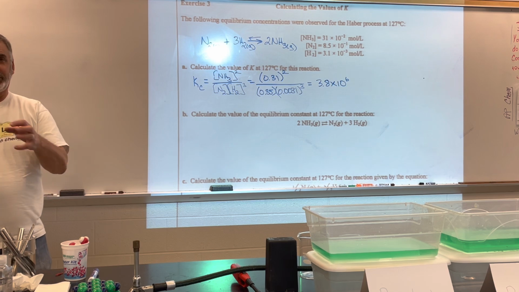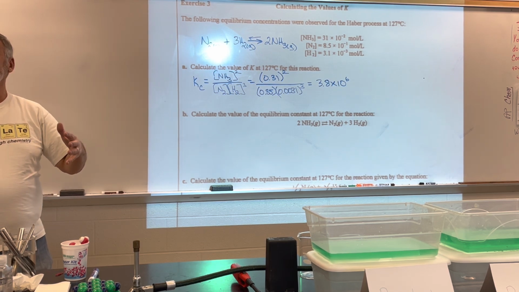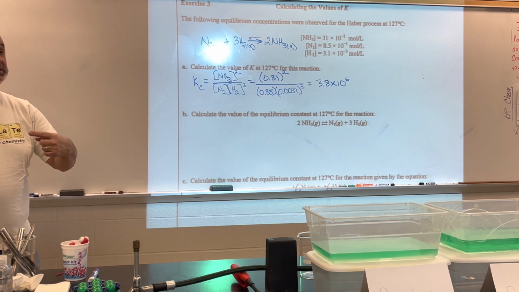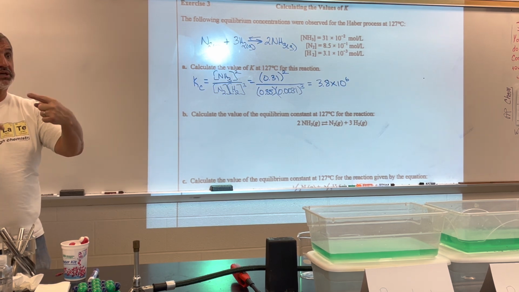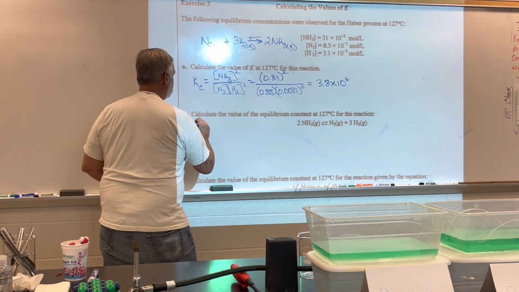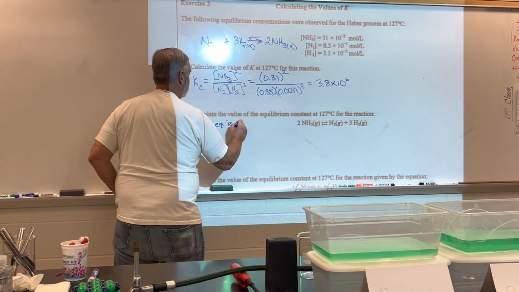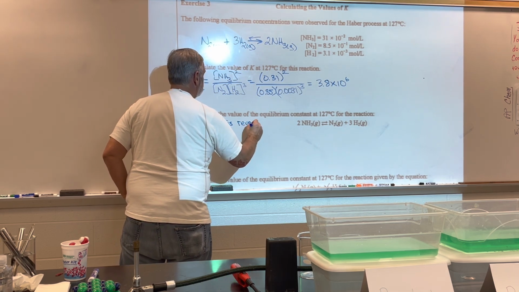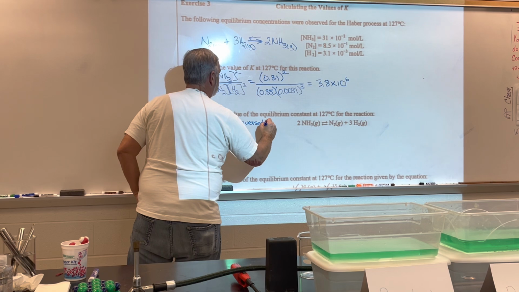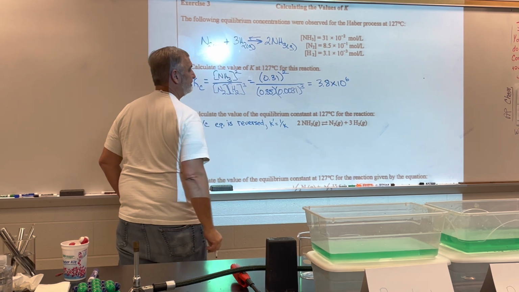I heard reciprocal. What does reciprocal mean? 1 over, because reactants have become products, products have become reactants. So when we flip an equation, K prime is equal to 1 over K.